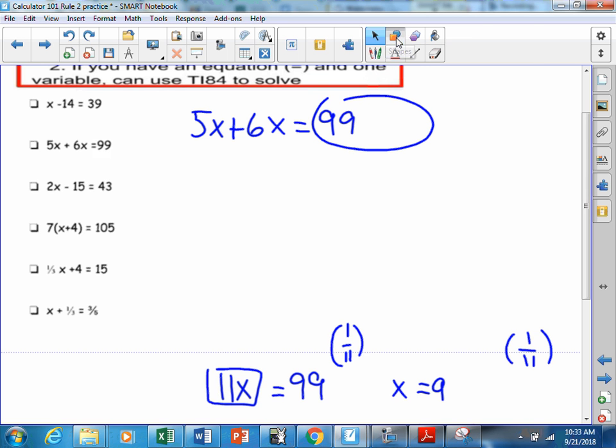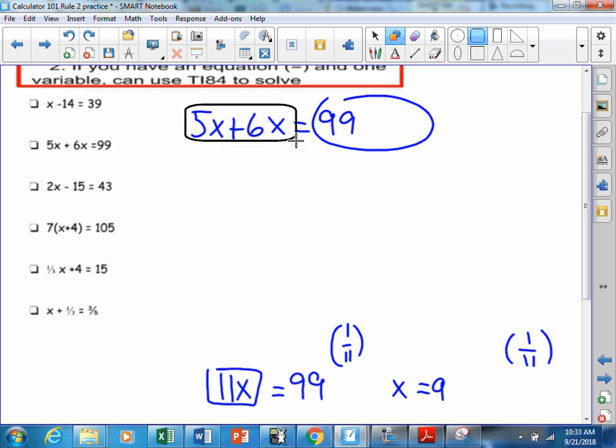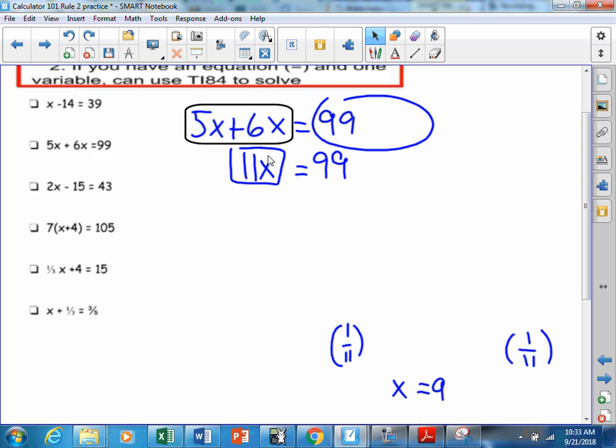Okay. So now that we've done that, what we want to do is combine like terms. All right. 5x and 6x will turn into 11x. So what do we have to do now? Well, we have to be mindful that whatever the number is in front of my variable, my x, I'm going to divide by that number. Now, a shortcut to division is understanding that I can multiply by its reciprocal.